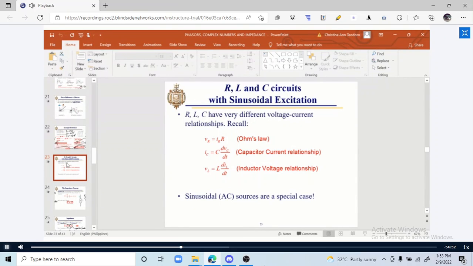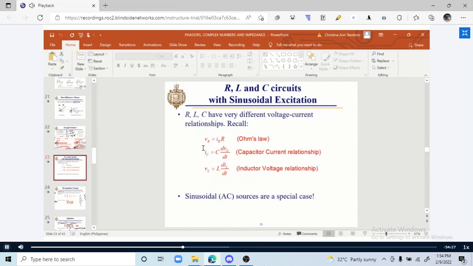Okay. So moving on, we have the RLC circuits. They have different voltage-current relationships. For the resistors, we have Ohm's law. For the capacitor, the current across a capacitor can be determined by multiplying the capacitance by the derivative of the voltage across the capacitor with respect to time.